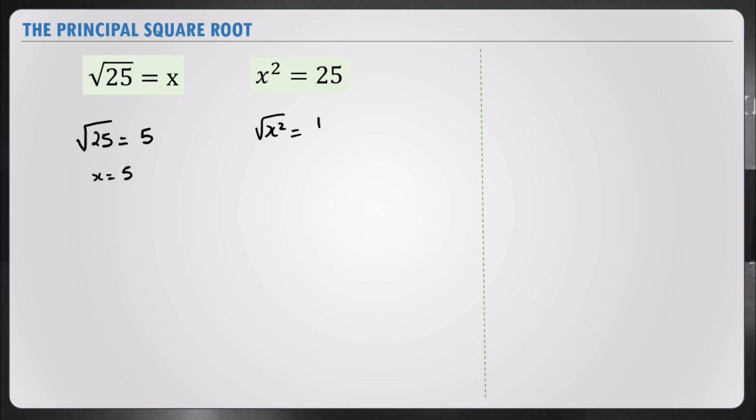And here we use a positive or negative root of 25, so x will be equal to positive or negative 5. That's because positive 5 times positive 5 will give me 25, and negative 5 times negative 5 will also give me 25. So x could be positive 5 or x could be negative 5.